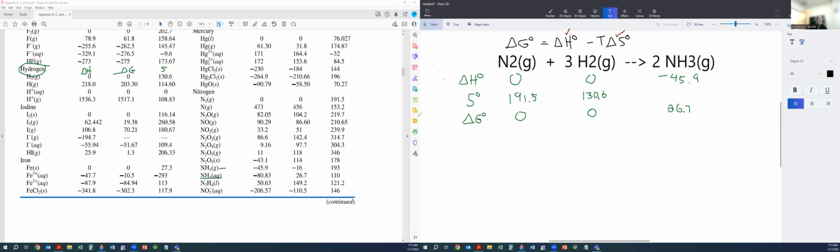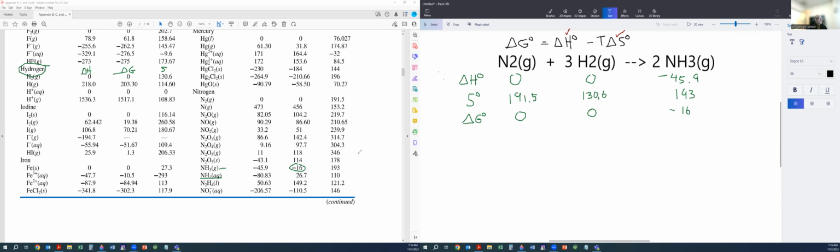I looked at the wrong column. So it is negative 16. I looked at the wrong column. That's how I miss points on tests. And then this is positive 193.